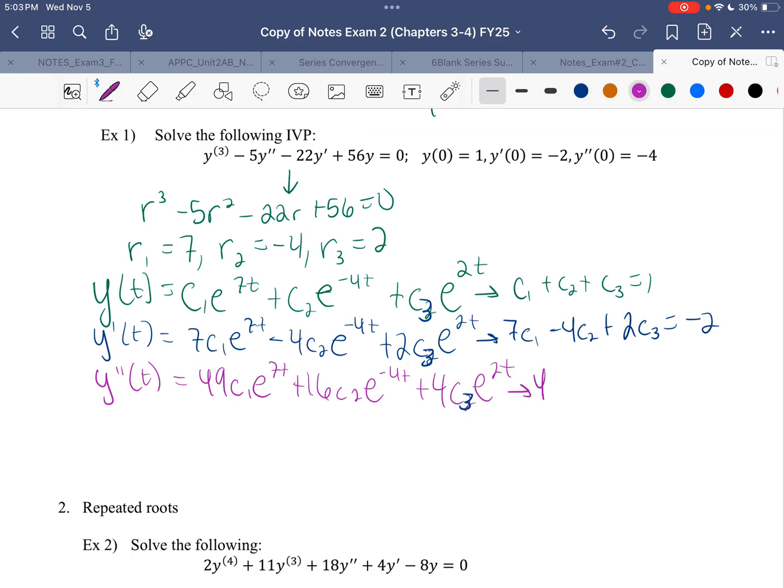And 49C1 plus 16C2 plus 4C3 is equal to negative 4. Again, use your calculator, solve.